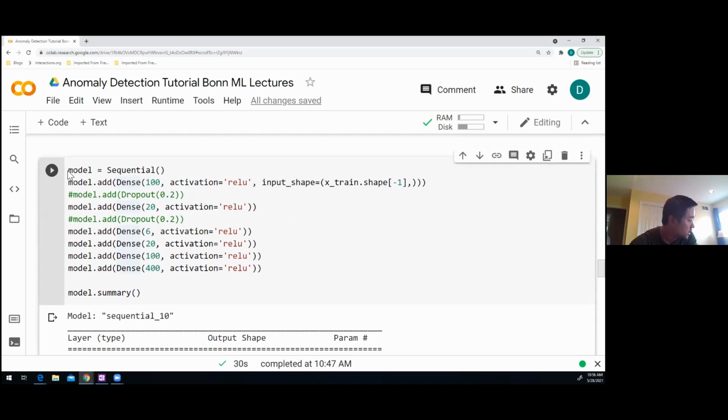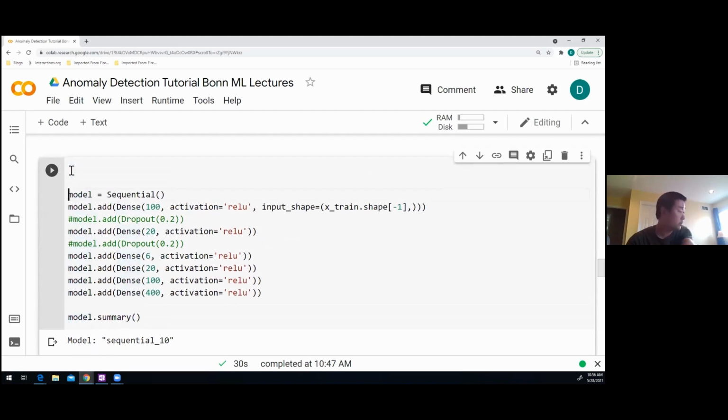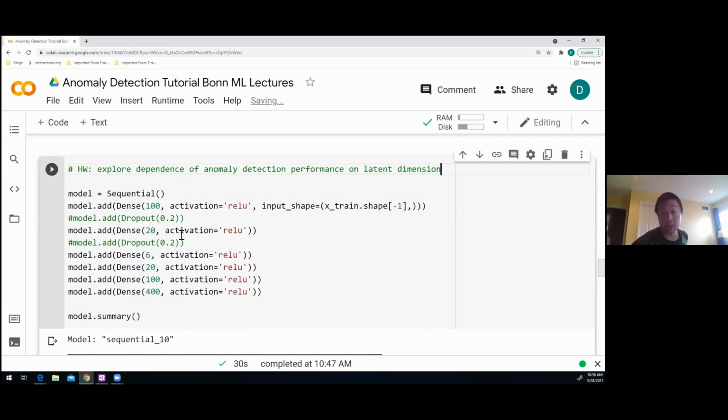So let me add that here. Homework: explore dependence of anomaly detection performance on latent dimension. But as you make this wider and wider, keep in mind you also have to make this wider and wider, right? Because otherwise that'll become the bottleneck. But as you make these things wider and wider, it can just learn the identity mapping at some point.